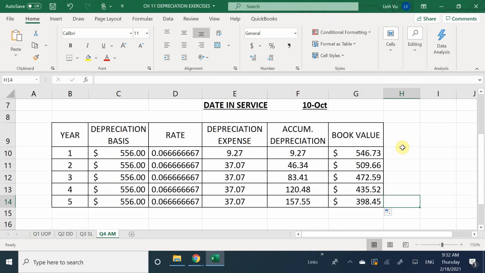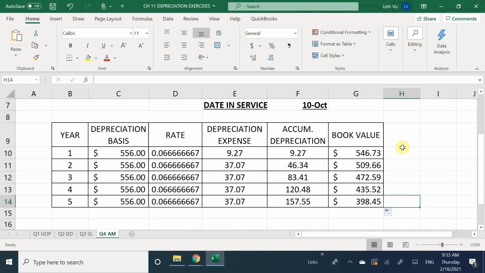Looking at all three depreciations, it's much easier if you can do this in Excel, because depending on how the company depreciates, you can do this all in one go. If you can punch in a formula and just click and drag all the way down, it will produce the answers for you.